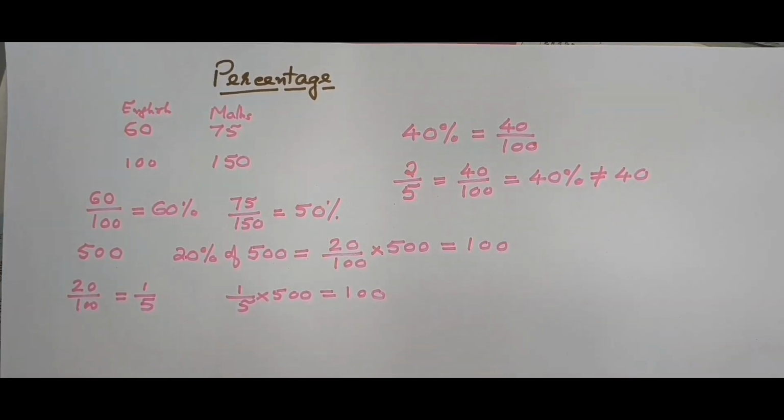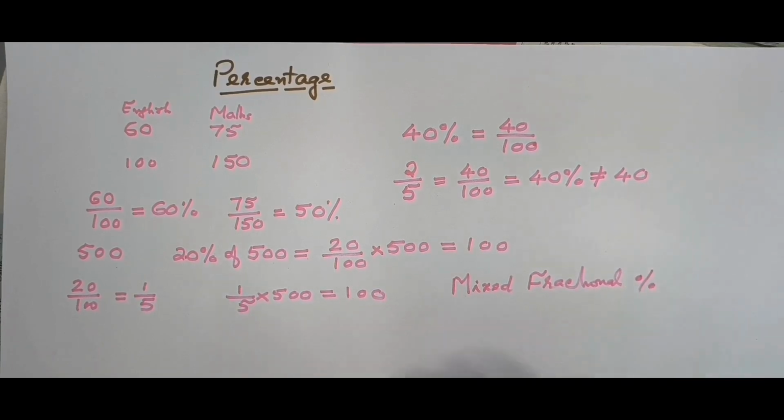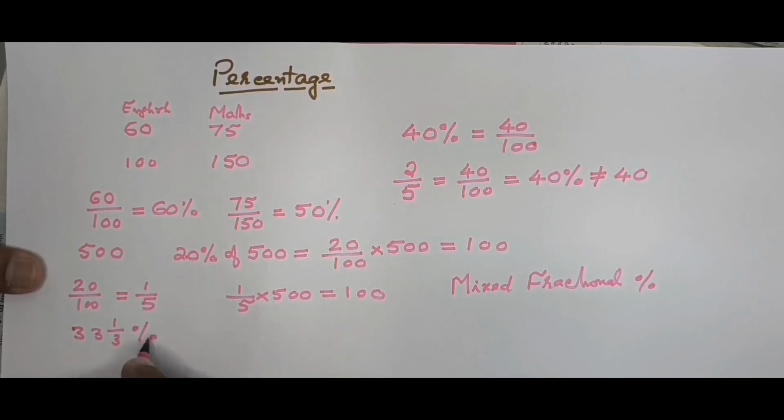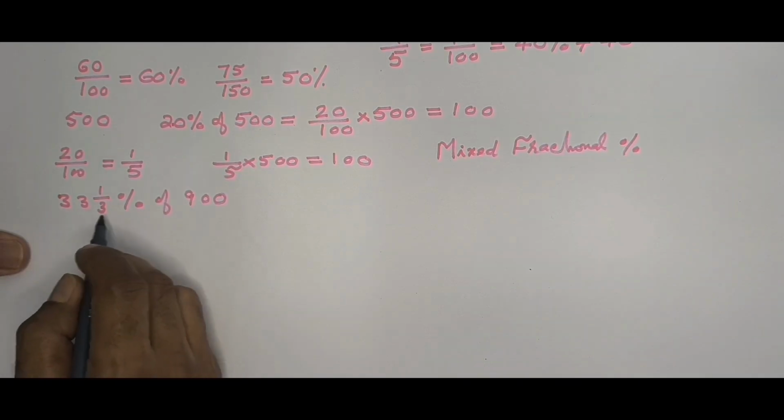You may come across mixed fractional percentage or decimal percentage, and how to handle these percentages easily. See, for example, supposing you want to find out 33 and 1/3% of, say, 900. This can be done in just a few seconds.